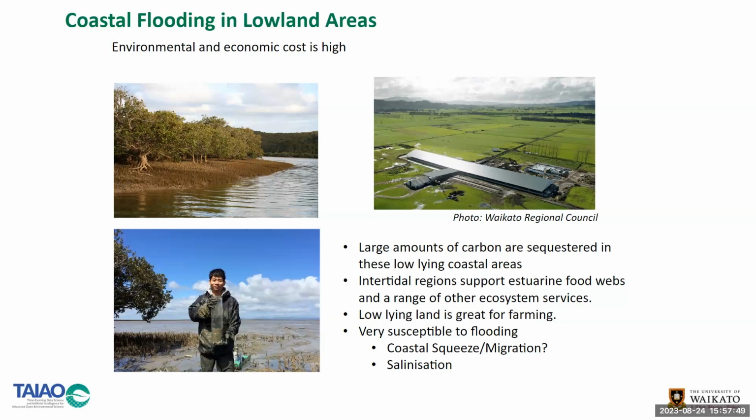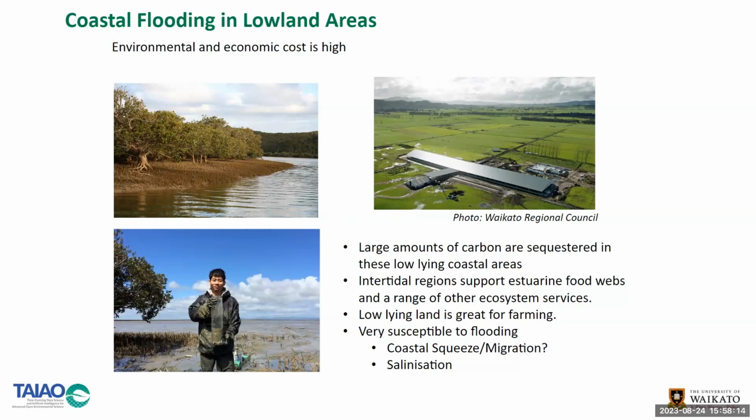So the food baskets of New Zealand coastal environment are in there. A lot of the shellfish that we collect is from our estuaries. The low-lying land is, of course, great for farming because those soils are really nutrient rich. And so a lot of our most productive dairy farms in the Waikato and Bay of Plenty, in Northland, actually in Southland, all around the country are there.